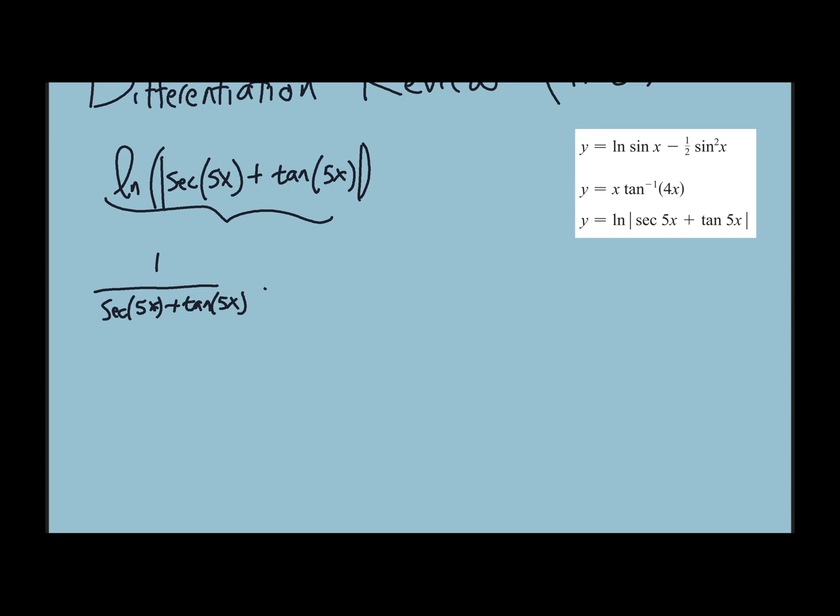What's the derivative of secant 5x? That is going to be secant tangent. Didn't we just find that? So it'd be secant 5x tangent 5x, and then times chain rule 5.